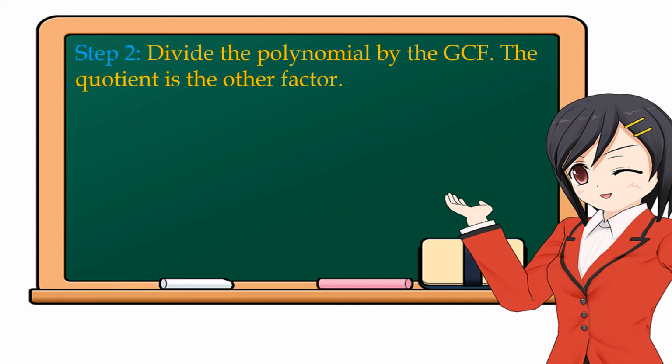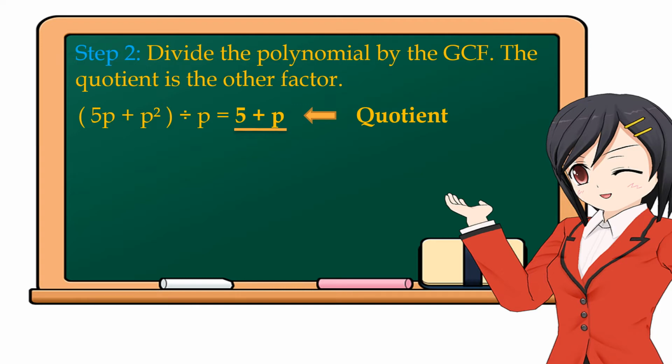For step 2, divide the polynomial by the GCF and the quotient is the other factor. So the quantity 5p plus p squared divided by p is equal to 5 plus p, where p is our GCF and 5 plus p is our quotient.